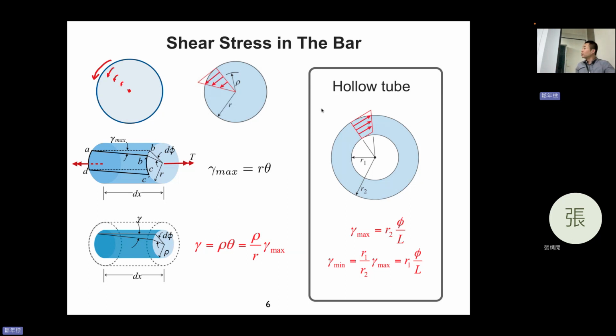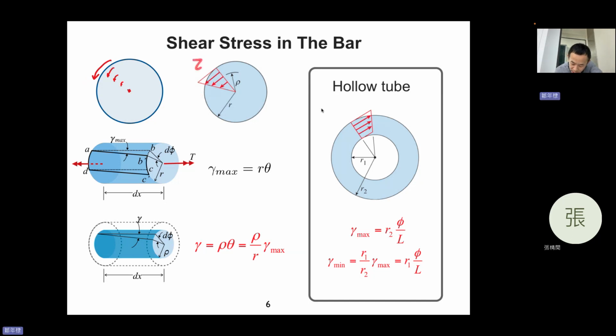It just rotates, and the rotation has the surface with the greatest distortion, while the center never moves. The center never moves, right?